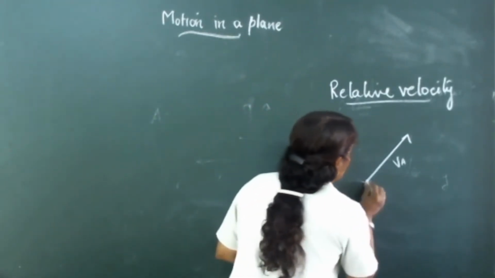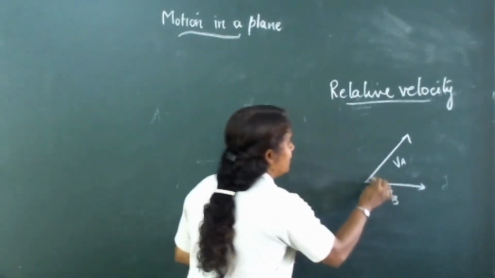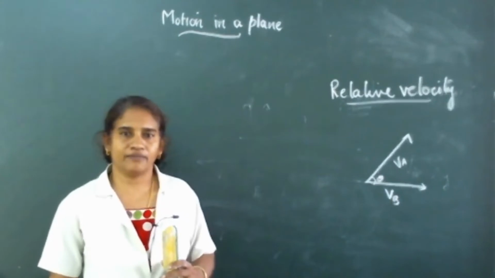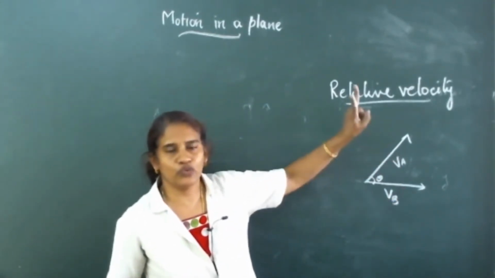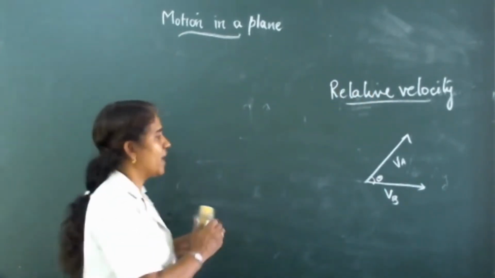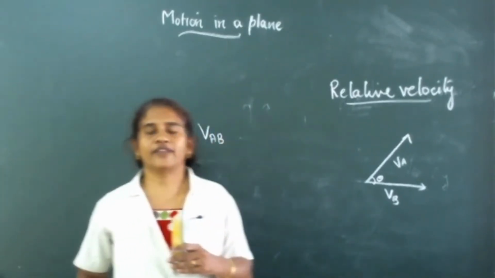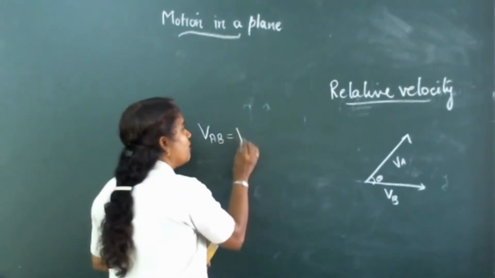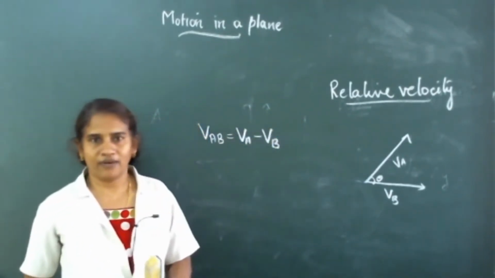It is easy to show like this: A in one direction in a plane with an angle theta, VA and VB, two vectors in two different directions. How can we find the velocity of A with respect to B? What should we do? According to the formula we have to write VA minus VB.